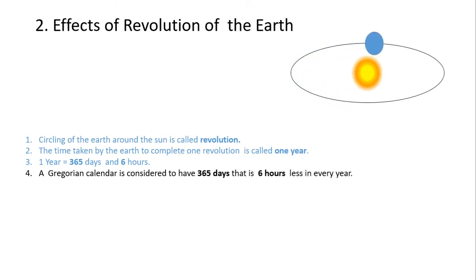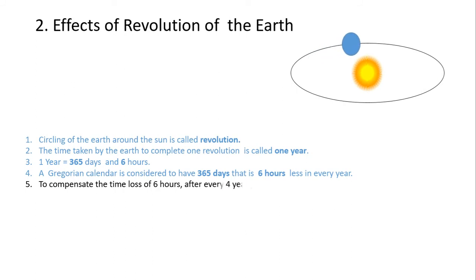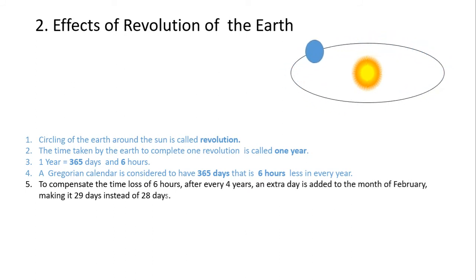Gregorian calendar is considered to have 365 days, that is, 6 hours less in every year. To compensate for the time loss of 6 hours, after every 4 years, an extra day is added to the month of February, making it 29 days instead of 28 days.